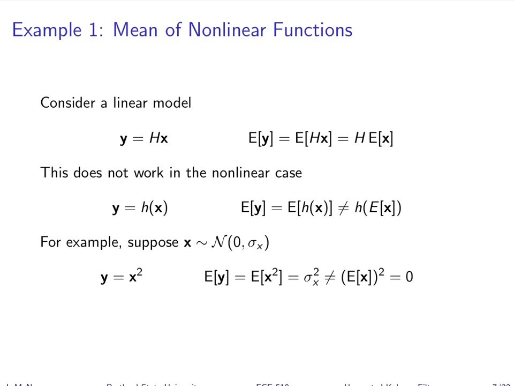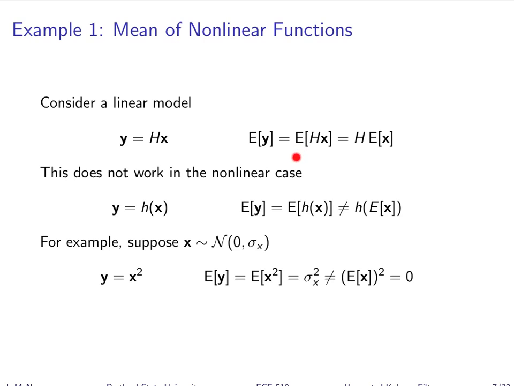And the main reason, and the conceptual mistake that a lot of people make, is that with a linear model, when we've got a linear operation, we've basically got a matrix times a random vector, and for the expected value of that product we can interchange the order of these operations, because doing expectation and doing a matrix multiplication are both linear. And when they're linear, you can change the order.